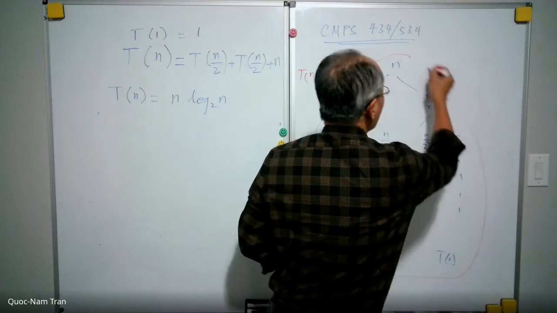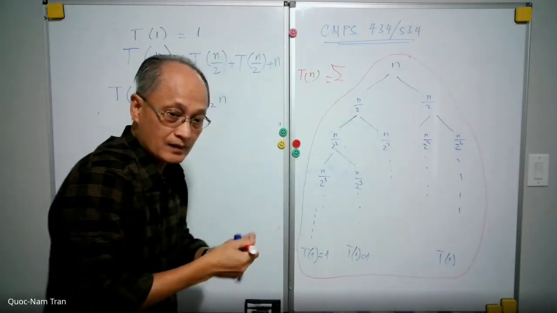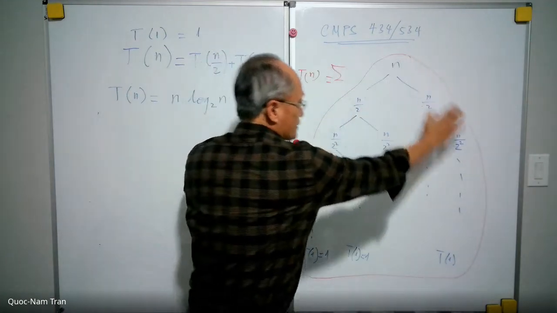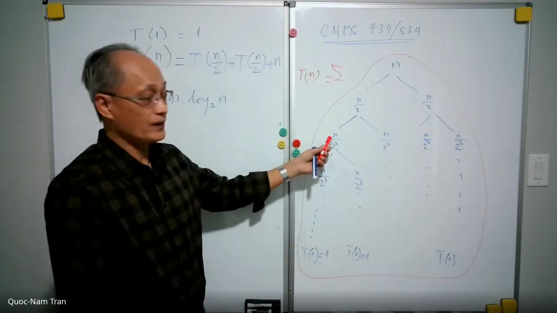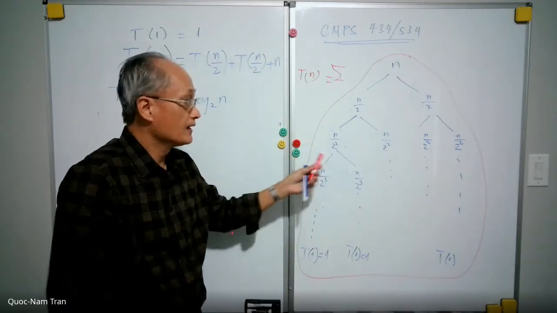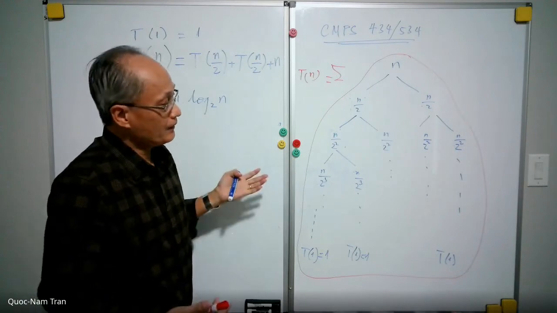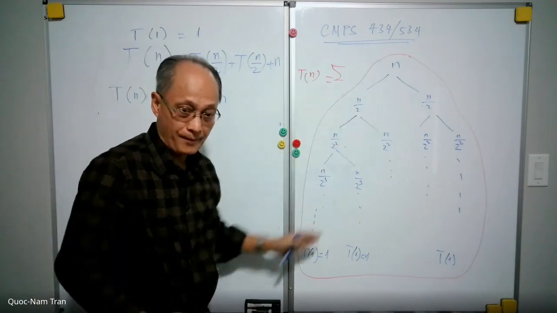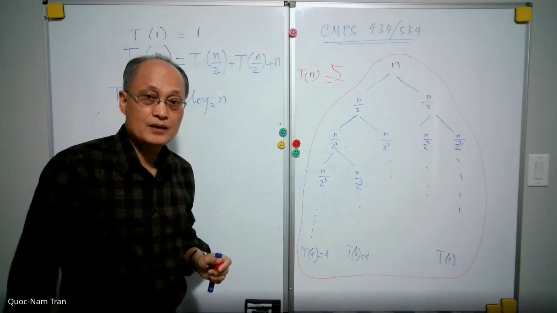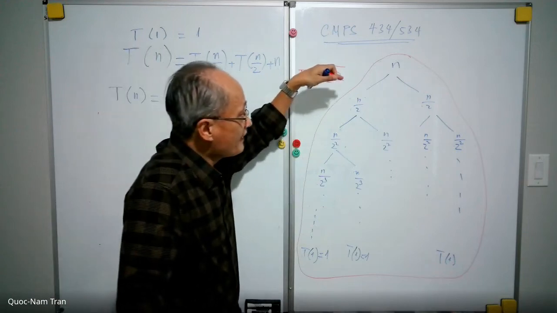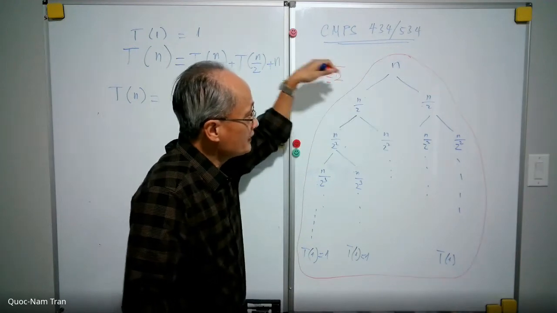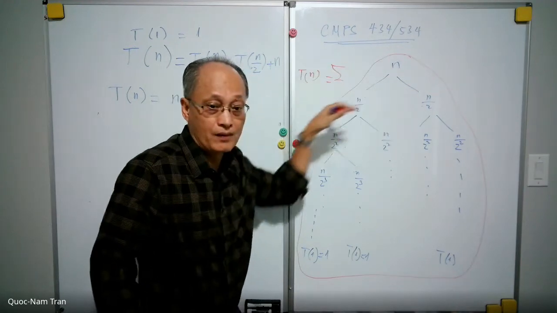Okay, so how do we know the sum of every extra cost the algorithm performed? There are many different ways to add them up, but the easiest way is by adding the values on the tree row by row.